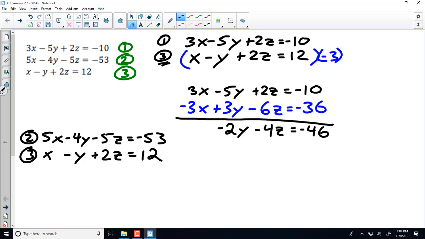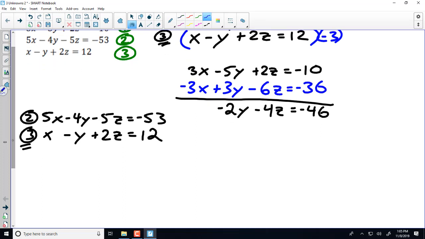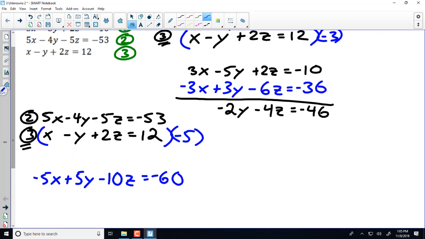But this time, before I add them to get rid of the x's, I'm going to multiply equation 3 by negative 5. So watch what happens when I multiply this equation by negative 5. It's going to be negative 5x plus 5y minus 10z equals negative 60.